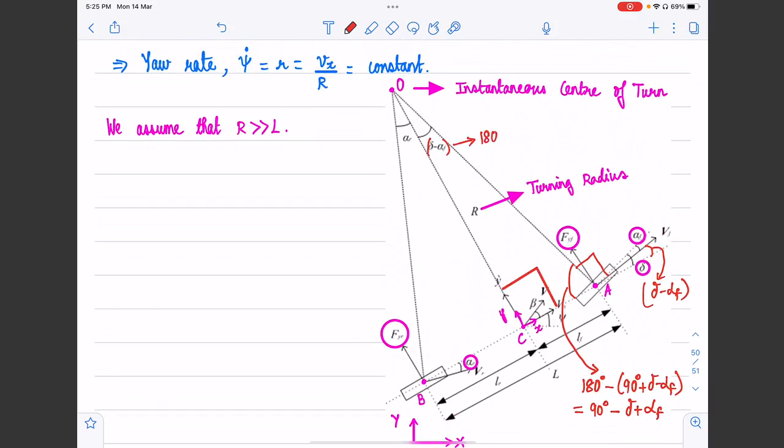So we get it by 180 degrees minus 90 degrees, which is the angle OCA, and the angle OAC we just calculated, which is 90 minus delta plus alpha F. So consequently, we get this as delta minus alpha F. I hope it's clear how we got the angle AOC as delta minus alpha F.